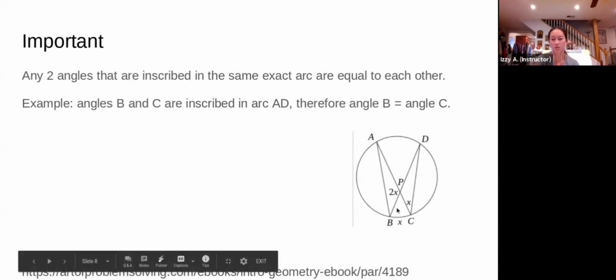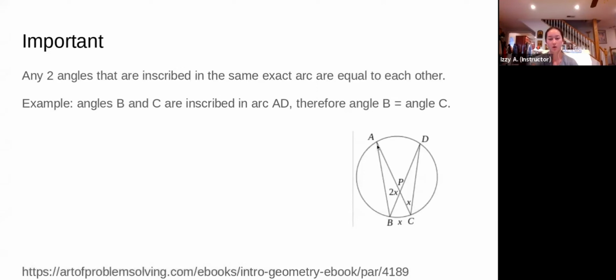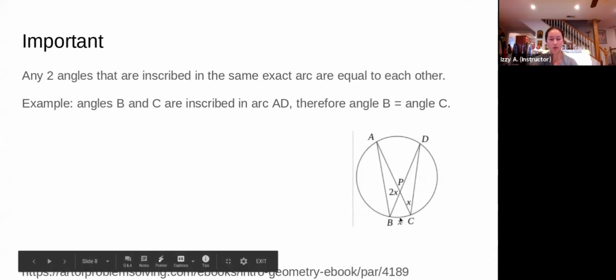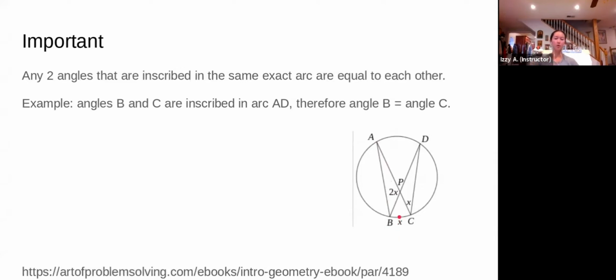I'm trying to think though, if there's a case where, for example, let's say that this was point D right here. Let's go with the pointer. Point D was right here, and you were to draw an inscribed angle in arc AD. That would end up being an isosceles triangle, because let's say it was drawn directly in the middle of arc AD.